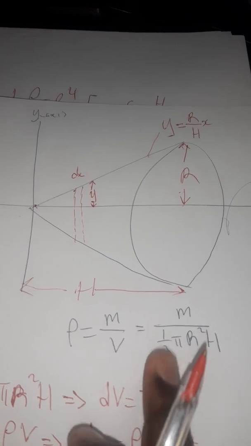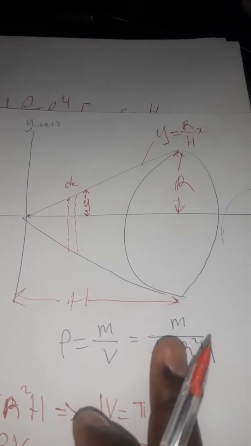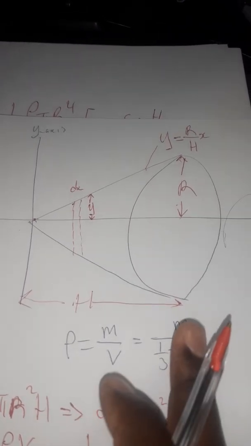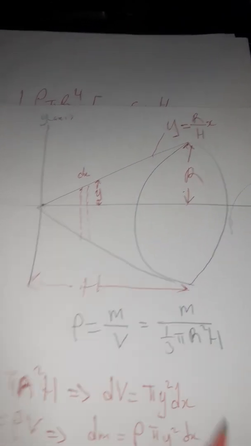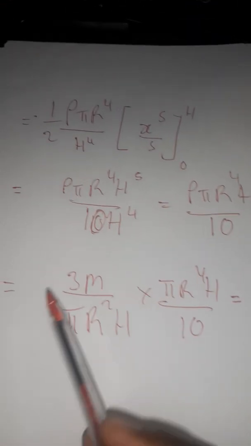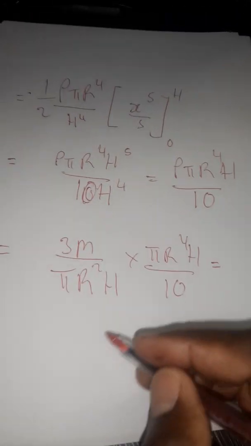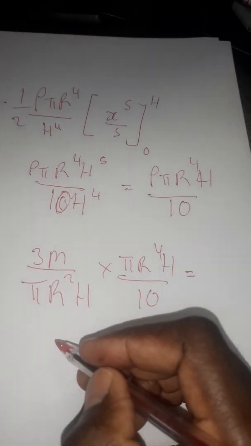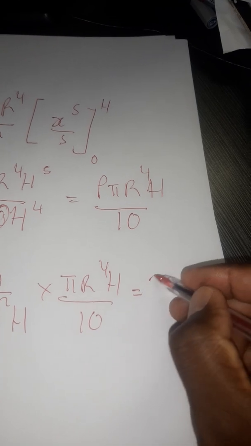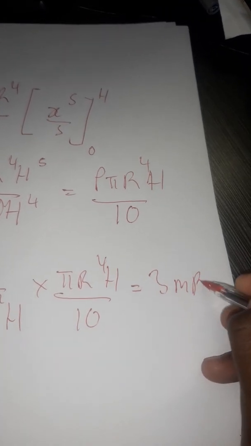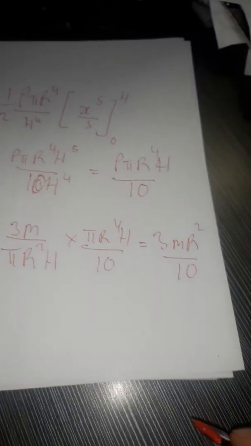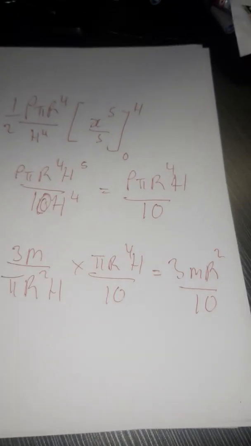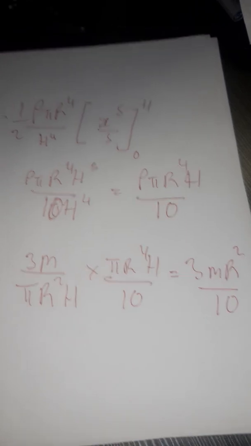We simplify it because dividing by a fraction is like multiplying by the reciprocal. That's why the 3 comes on top right here. It's just simplification, and now the whole thing becomes 3m r squared over 10. This is the moment of inertia of the cone.